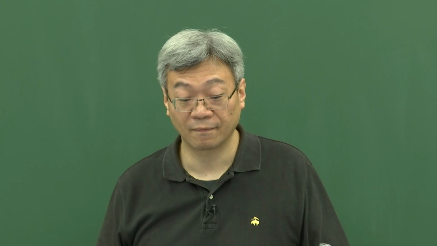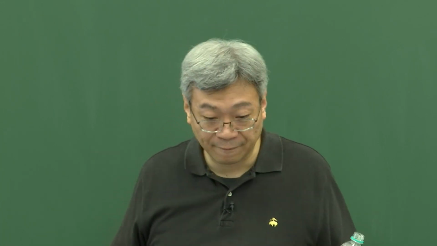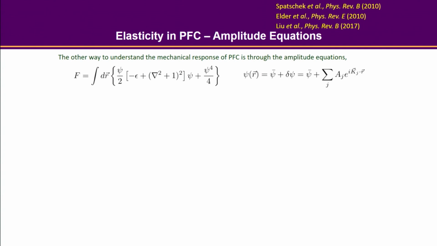But that's something you should do. But I would like to talk about how, in theory, you can get all this from this amplitude equation. But bear in mind, in the amplitude equation here we have already assumed one mode, okay?